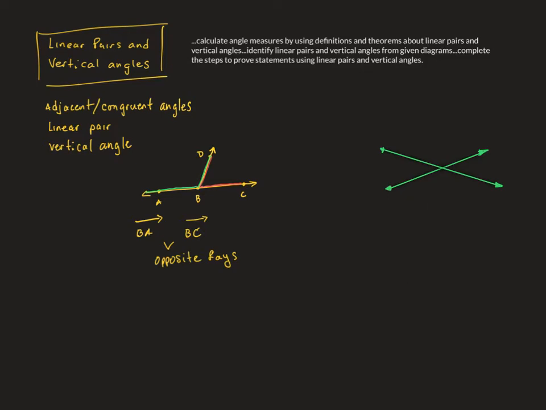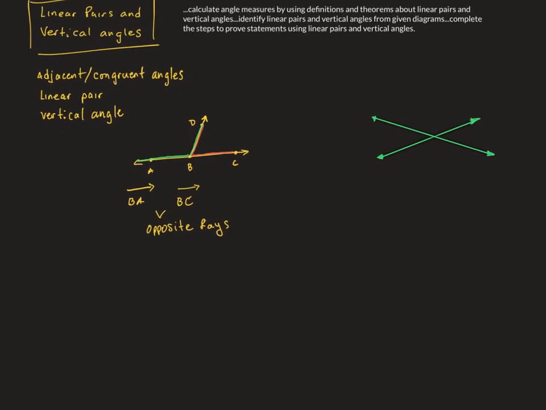When we talk about vertical angles, that's when we have two intersecting lines. The opposite angles are formed by these two intersecting lines. So if I look here, I have this line, and they intersect at one point, and they are creating vertical angles, because this angle and this angle are vertical angles, and vertical angles are congruent.